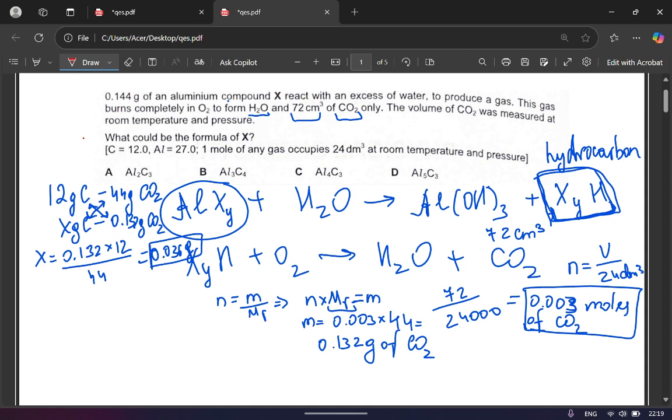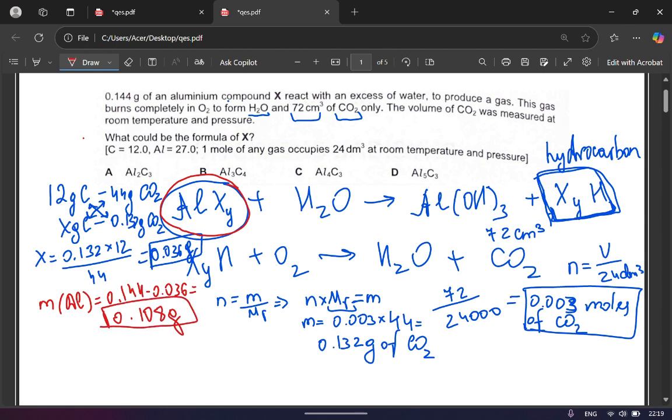Now, we know that the mass of carbon in this compound was 0.036 grams. So the mass of aluminum was 0.144 minus 0.036, or 0.108 grams.